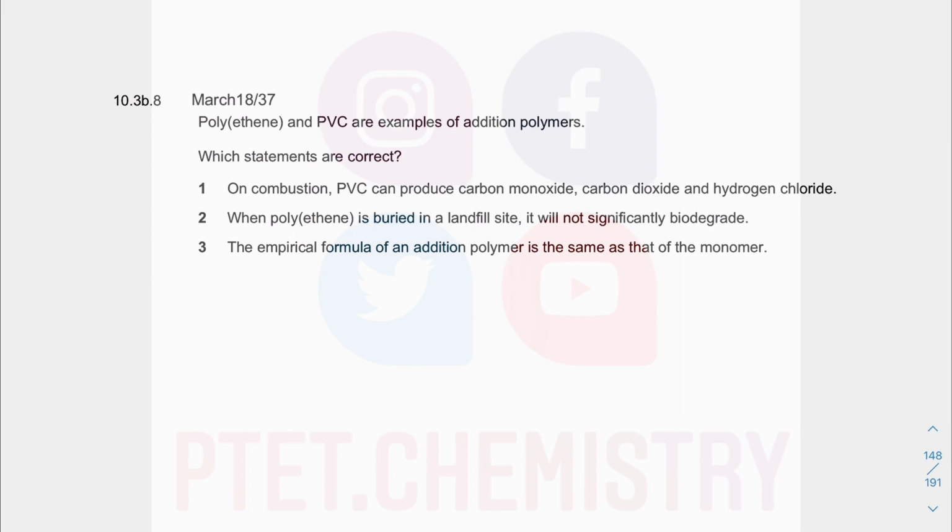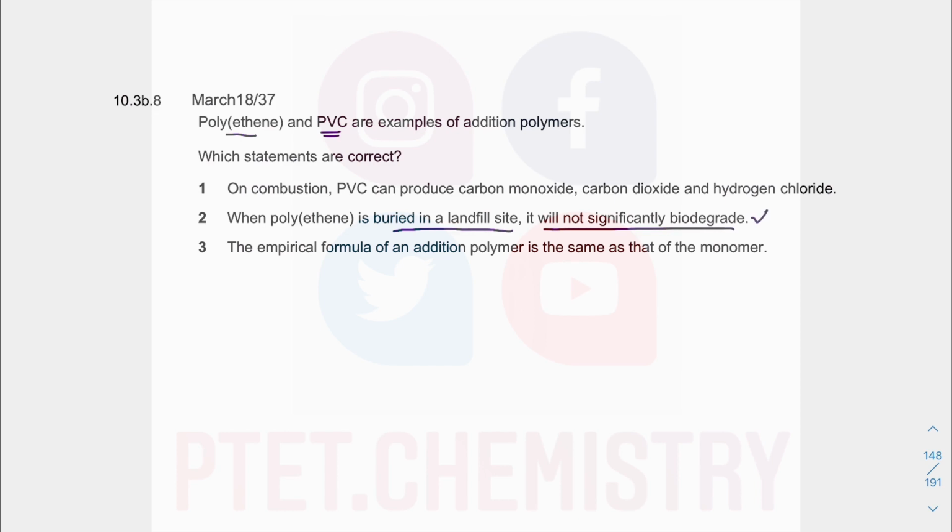In this next question, we have polyethylene and PVC. Polyethylene is just from ethene as the monomer, and PVC was covered in the previous question, polyvinyl chloride. It's actually a case study ever since your O level or GCSE or IGCSE. When we bury them in a landfill site, they will not significantly biodegrade.